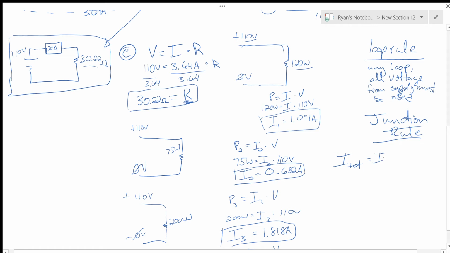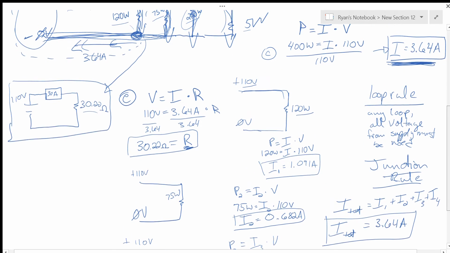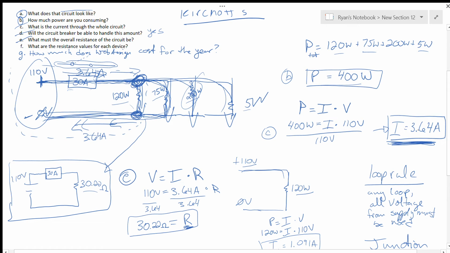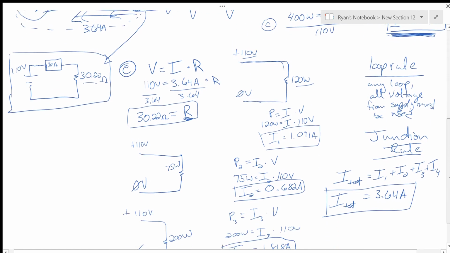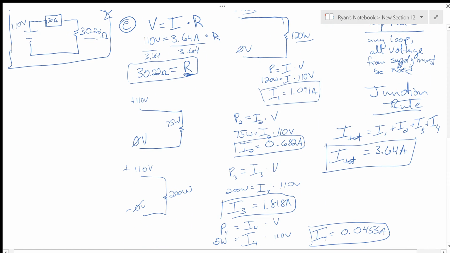If we add I1, I2, I3, and I4, I find that I total is 3.64 amps, just like I found way earlier in section C. I'm just proving that all of that current comes back together, right?